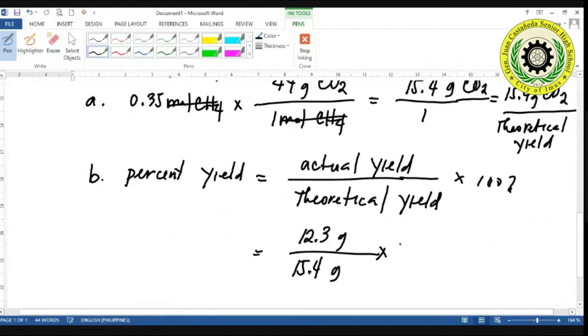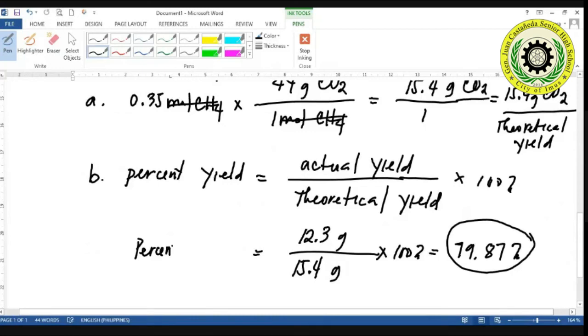So, times 100% po tayo. So, let us now calculate. Ang sagot po dito ay 79.87%. So, ito po yung tinatawag natin na percent yield. Okay. So, ganyan lang po kadali solve yung percent yield problem.